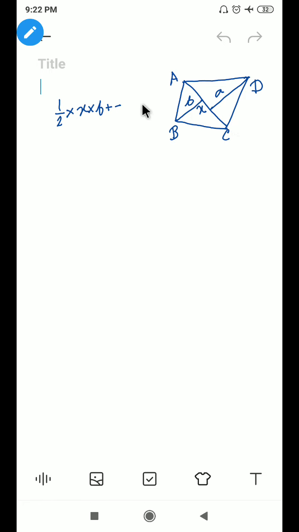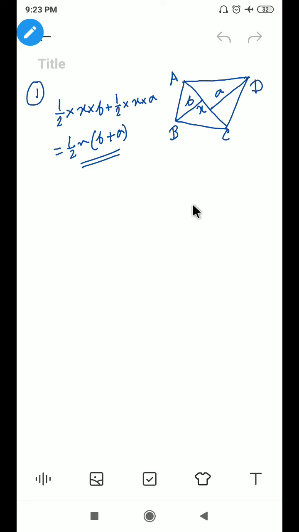So this is half into base, here X, and height is A. Just add them, you will get the answer. Now from here you can take common half into X, and here is left B and here is left A. So this is the formula of finding the area of a general quadrilateral.